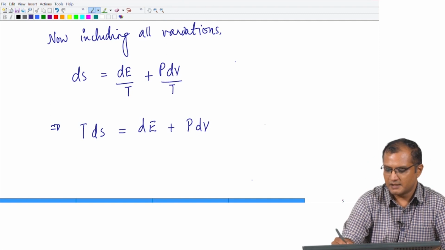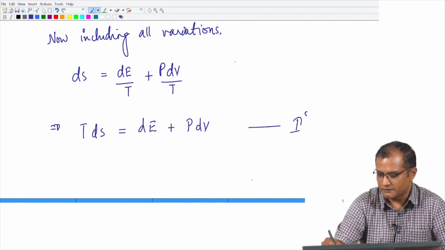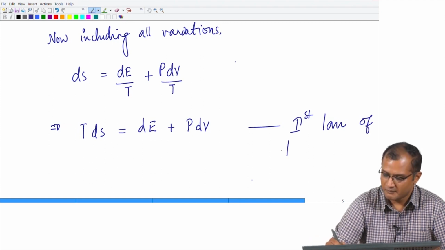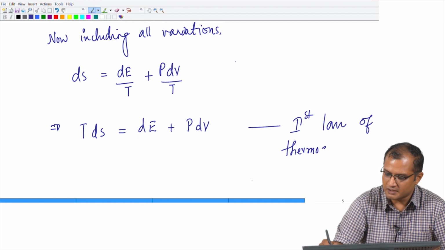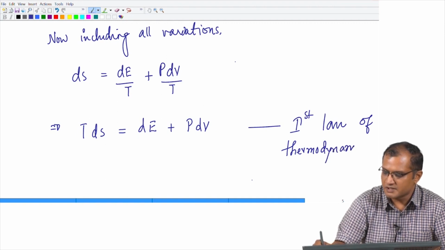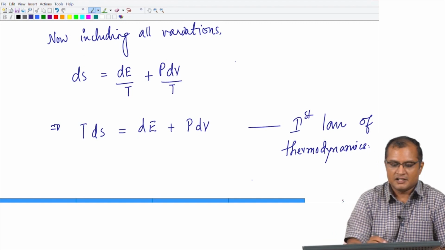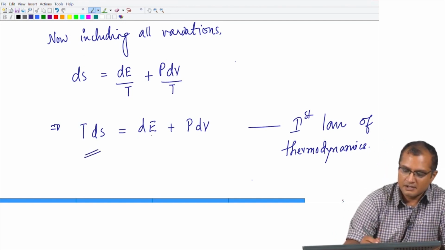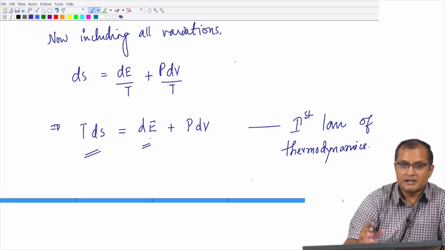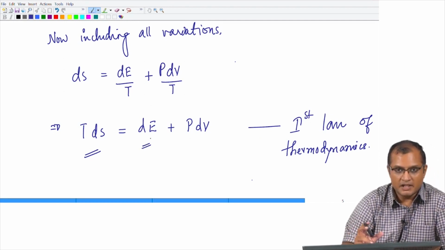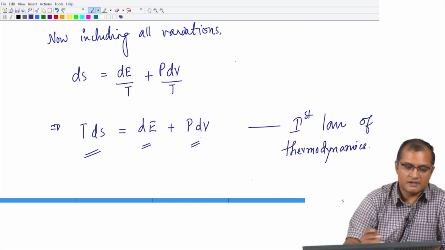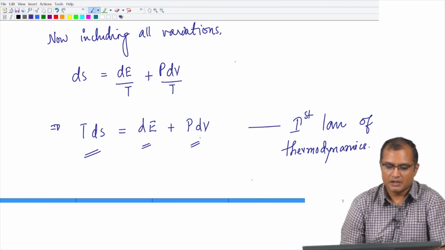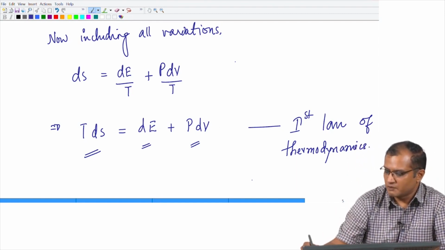So, this is basically your first law of thermodynamics, which if you see is nothing but an energy conservation statement: if you give an amount of energy to the system, which is TdS, it will only increase the energy of the system by an amount dE, plus if you allow the system to expand, the work done would be P dV. Okay. So, that is the statement of the first law.